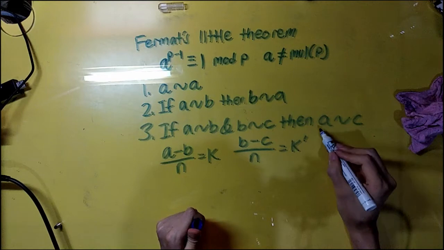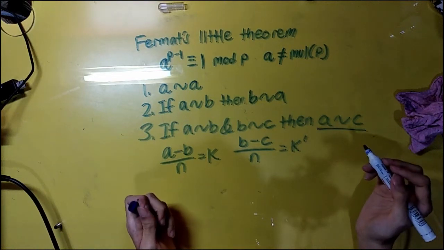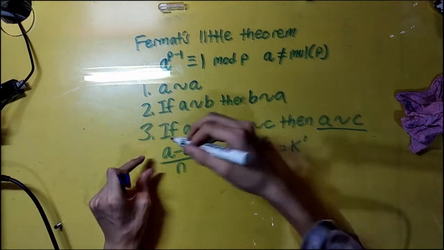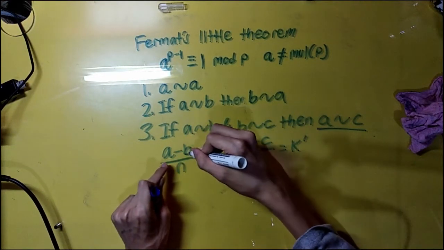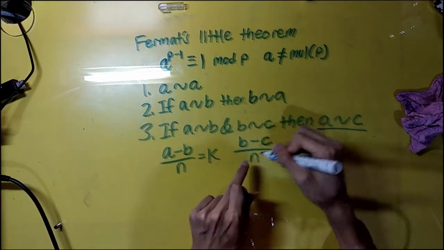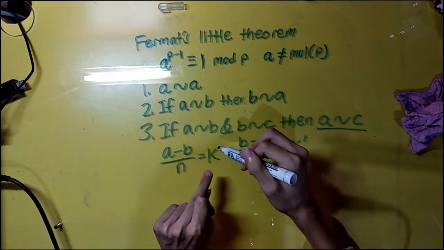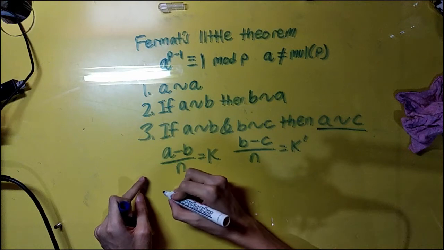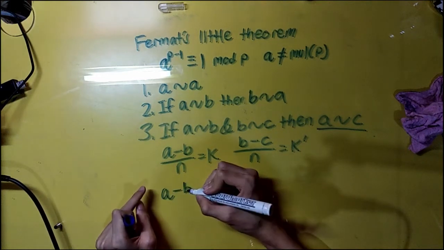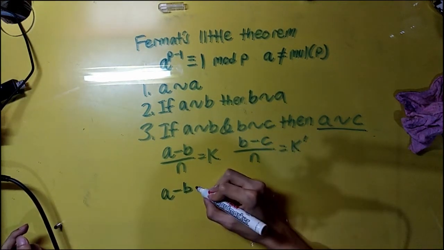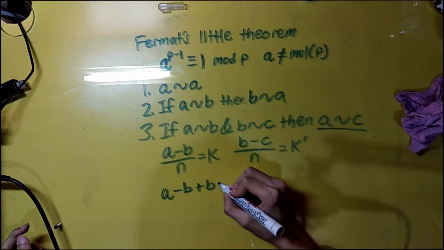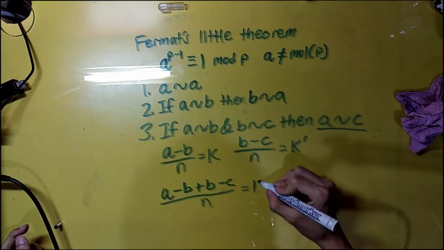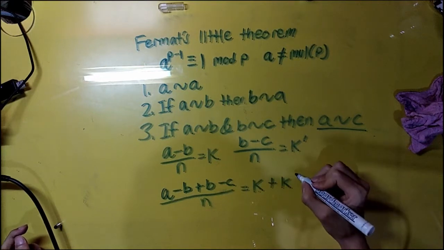Right, so how do we prove this then? Well, why don't we try adding these two things together, right? If we add A minus B over n plus B minus C over n, that's going to be same as adding k and k prime. Alright, so let's add this thing together. A minus B added by B minus C divided by n is going to be equal to k plus k prime.